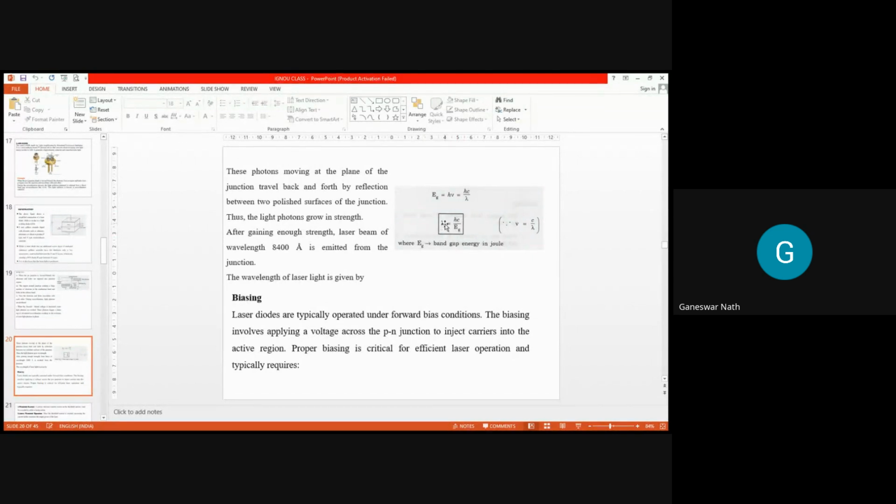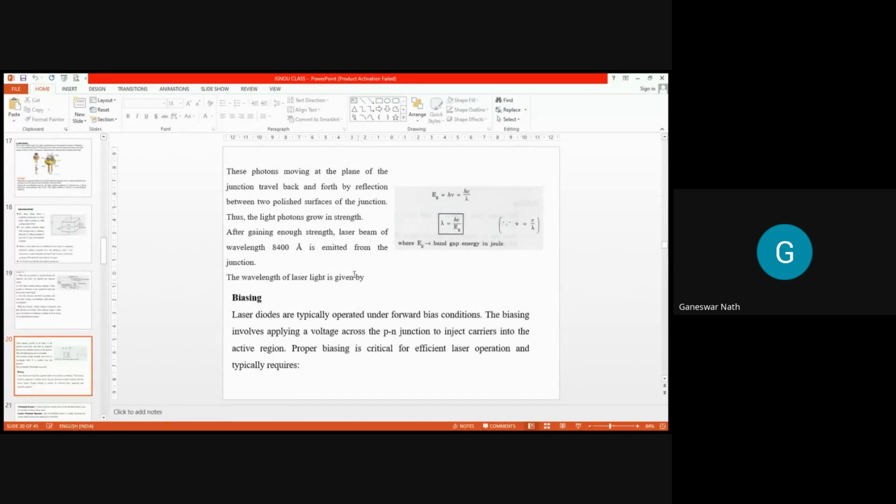That means we can calculate the wavelength of light. Here h is the Planck constant, c is the speed of light, and Eg is the band gap, which may be given. Then immediately you can calculate the wavelength.